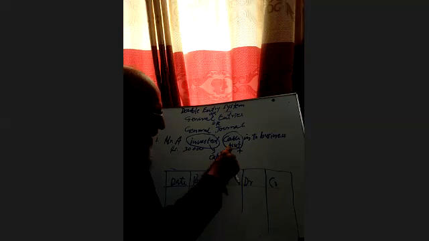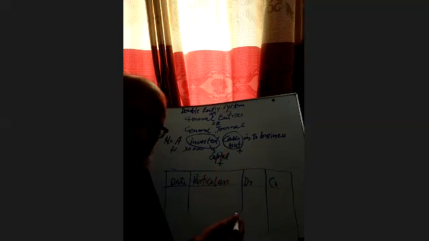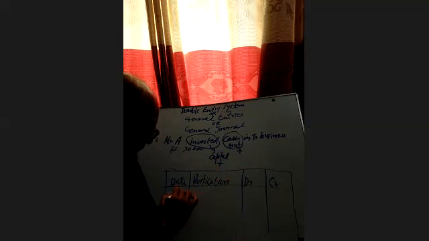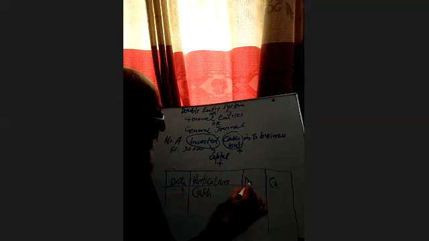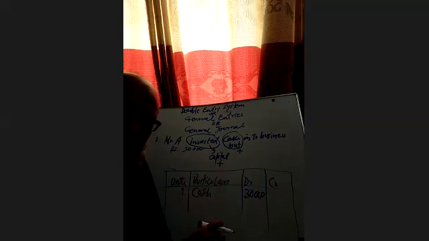Cash belongs to asset. Increase in asset is debited. So date is number 1. Cash debited. The amount is 30,000. Capital also increased, but when capital increases, it is credited. So increase in capital is credit, 30,000.